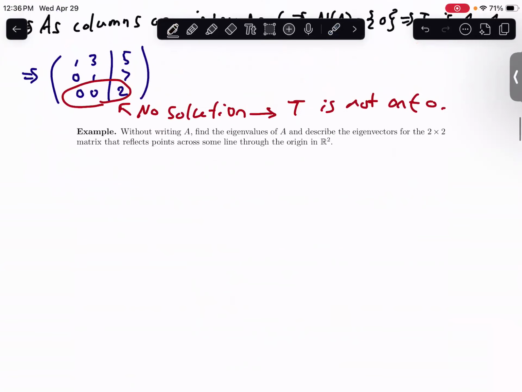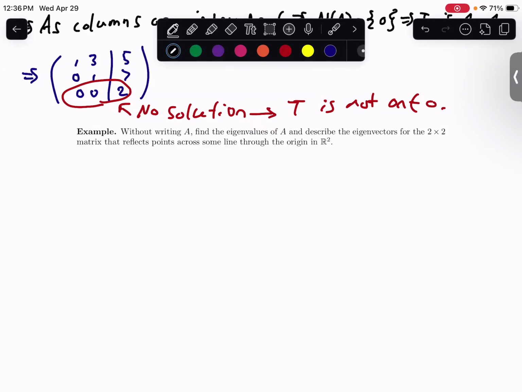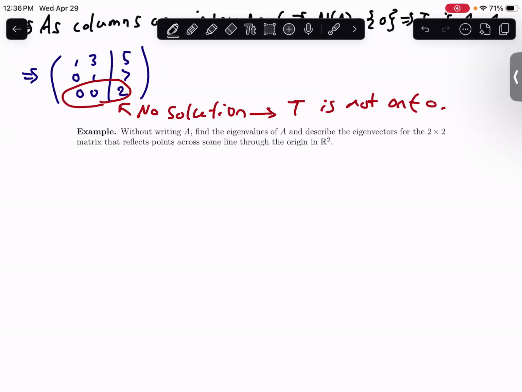Next example. There's a different way of thinking about eigenvalues and eigenvectors in terms of linear transformations. I'm not going to touch on it for too long. When we were thinking about eigenvectors and eigenvalues in the past, we had something of the following form: A times this eigenvector v is equal to lambda times the eigenvector v.